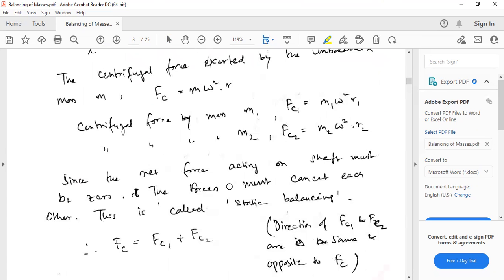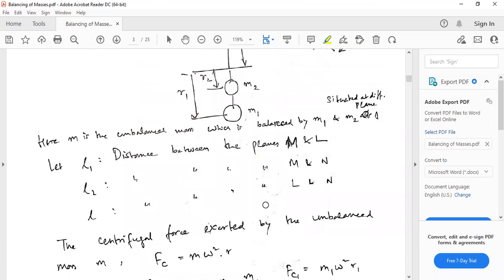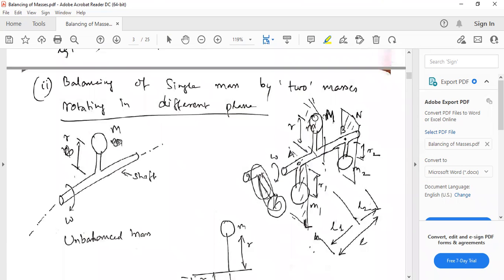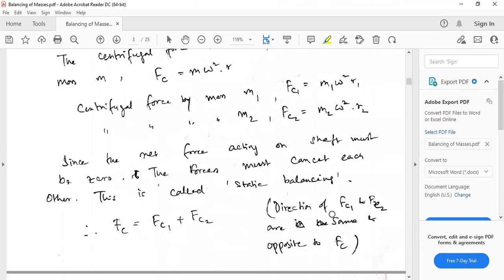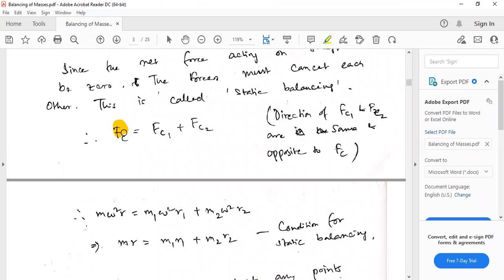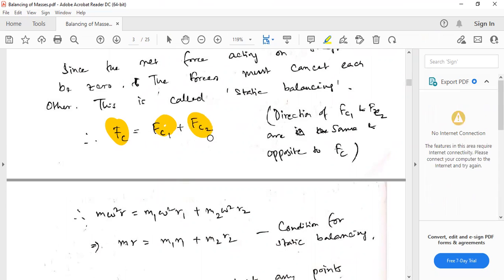Next we have the centrifugal forces, which we have written. Now you know that unbalance is caused by this mass m. That unbalanced centrifugal force will be balanced by the centrifugal forces caused by these two. The unbalance caused by the unbalanced mass will be balanced by the addition of these two centrifugal forces.